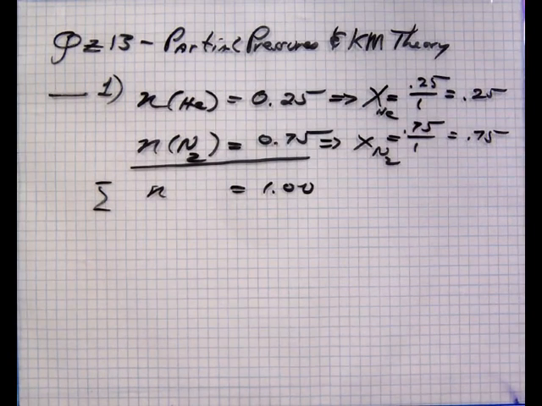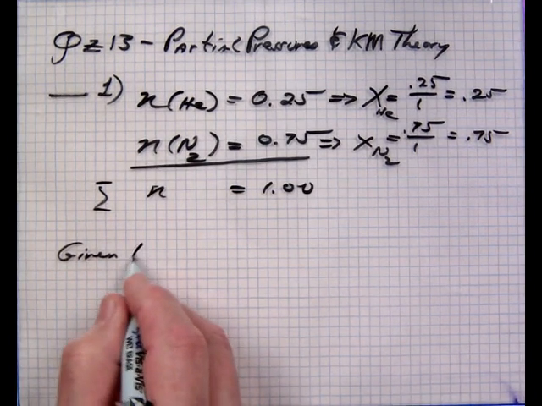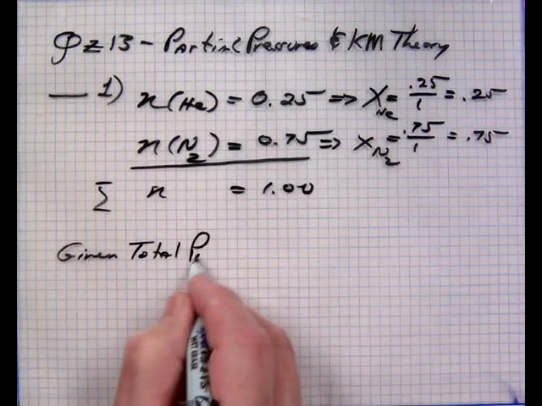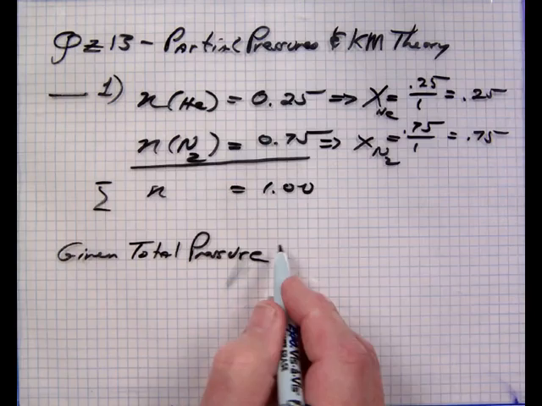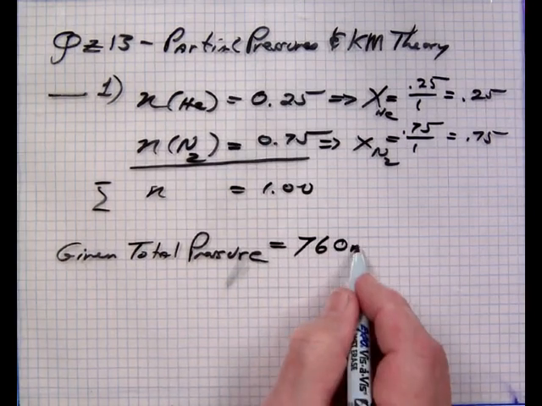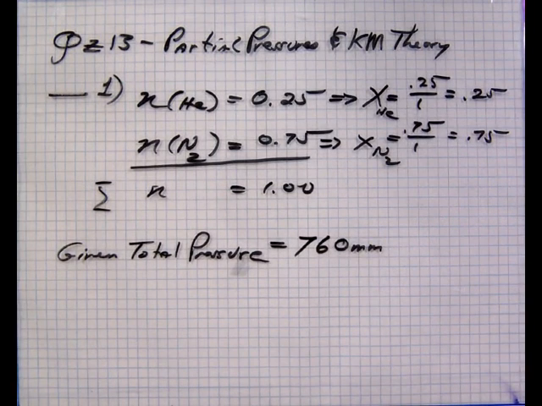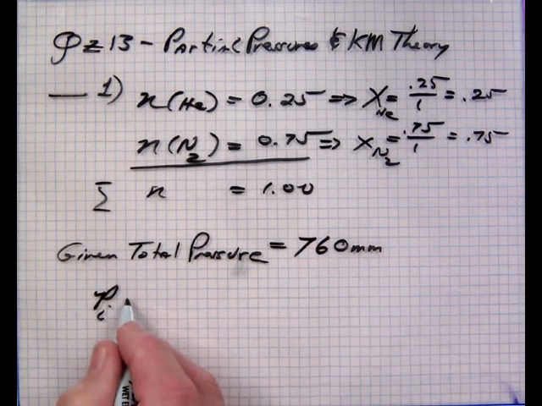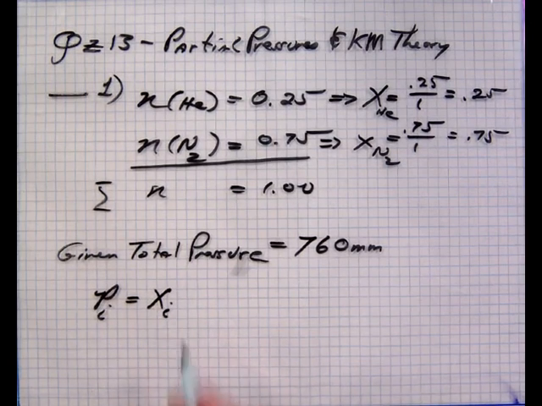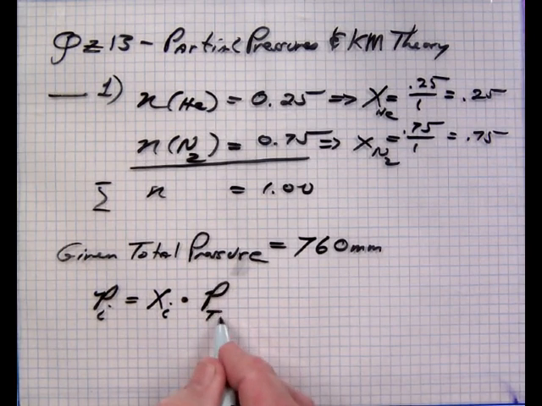Well, if you have a mixture that gives a total pressure to equal 760 millimeters, then the partial pressure of each one is the mole fraction times that total pressure. So the individual pressure is equal to the mole fraction of whatever component you're working with times the total pressure.